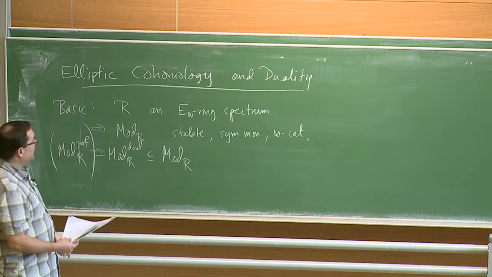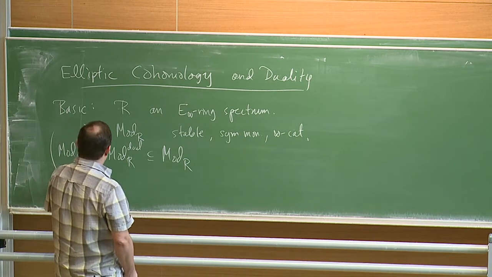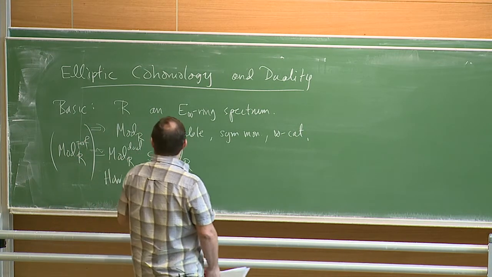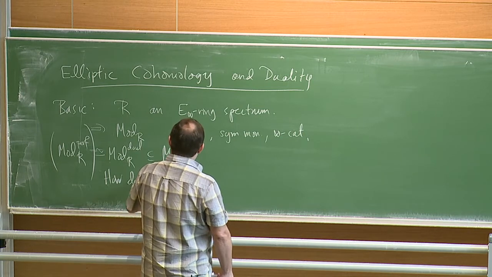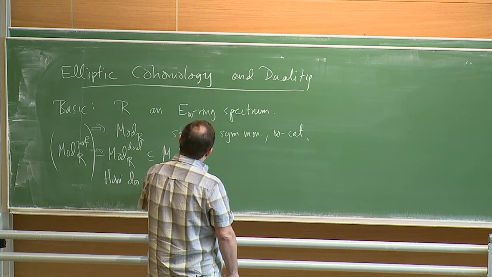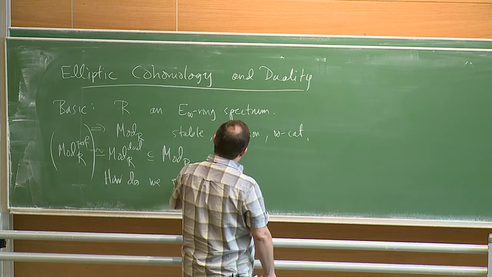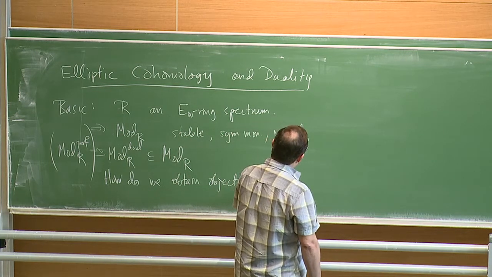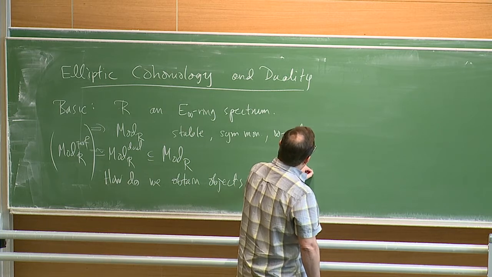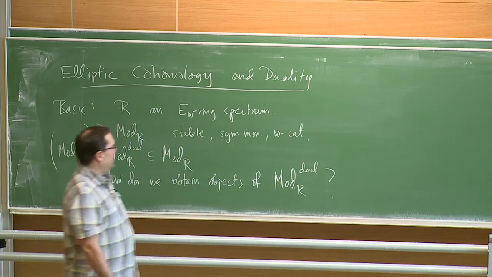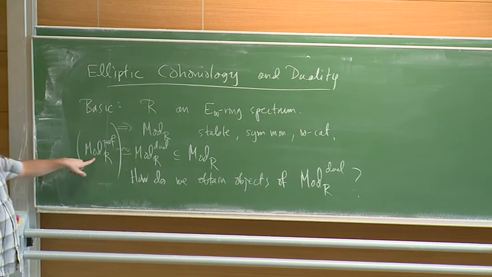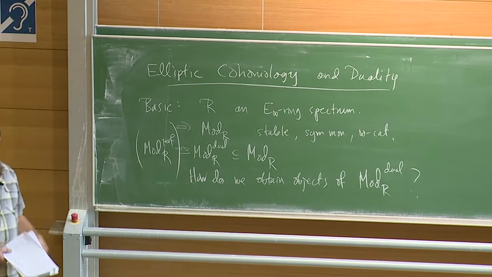And we might ask, how do we obtain objects of this category, mod R dual? Okay, well, I already gave you one clue that compact objects are dualizable.